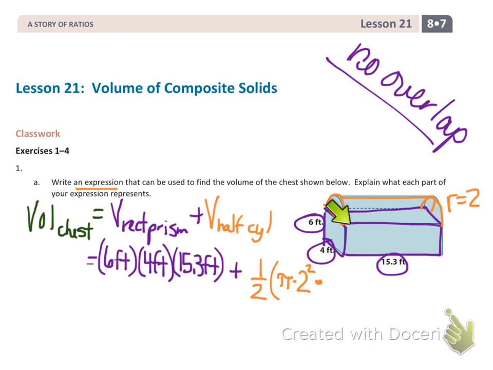So the height of the cylinder would be this dimension right here between the bases. So that's 15.3 feet. And remember that this two squared is actually 2 feet squared. I forgot to write that in, but that's okay. I wrote all the other dimensions. Okay, so that is our expression that can be used to find the volume of the chest below.